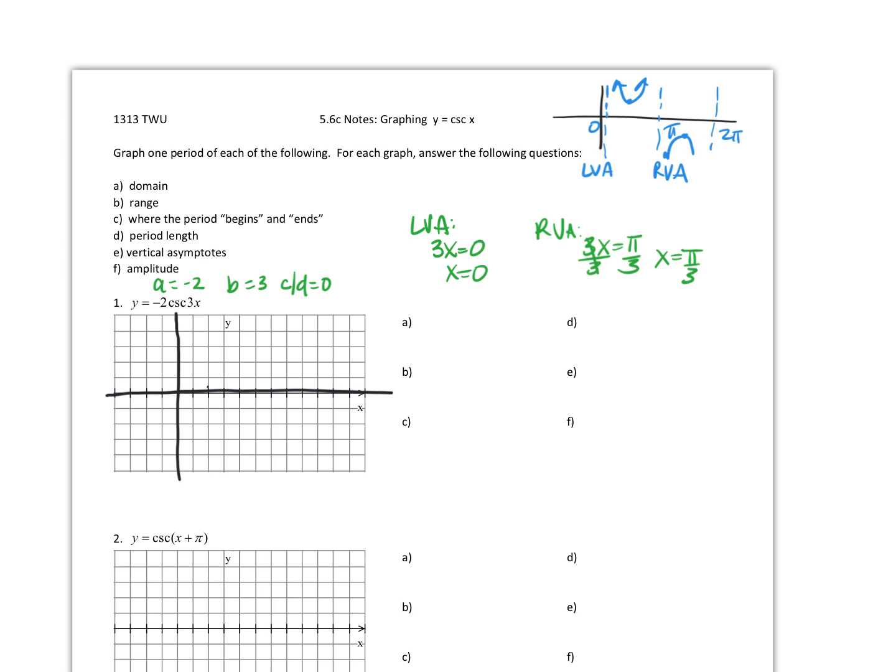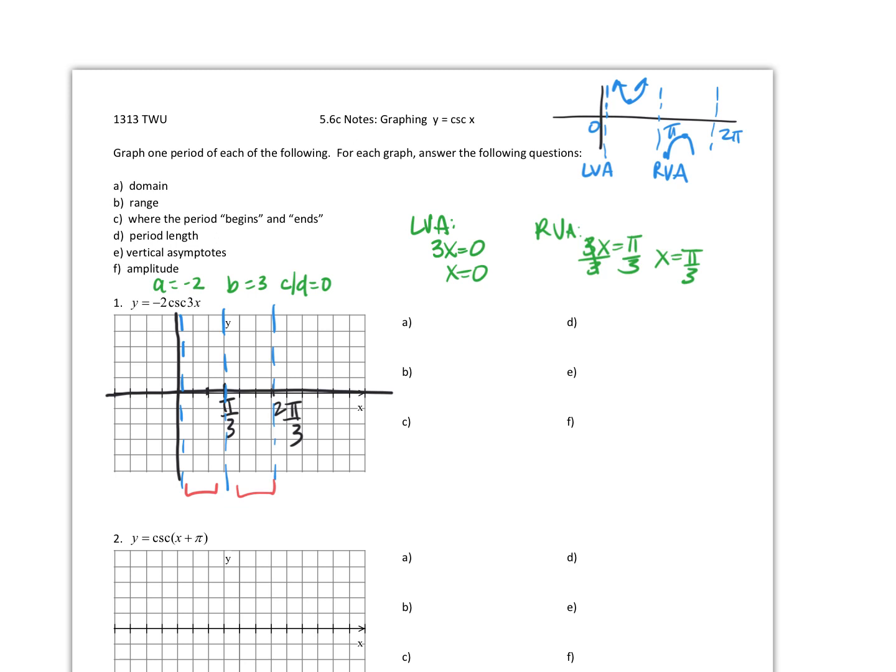So if I just do a pi over 3, and then I can make them further apart so we have a little more space here. I'm going to go by 3. So pi over 3, and then 2 pi over 3. Okay? So I'll show you how I get there. I know that whatever this distance is, it has to match here, right? So I just added a pi over 3.